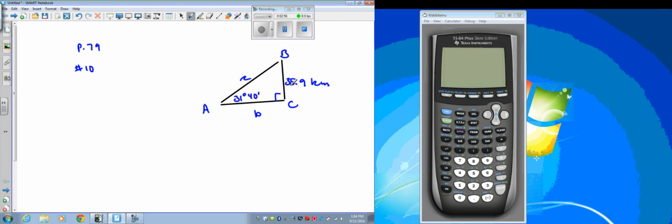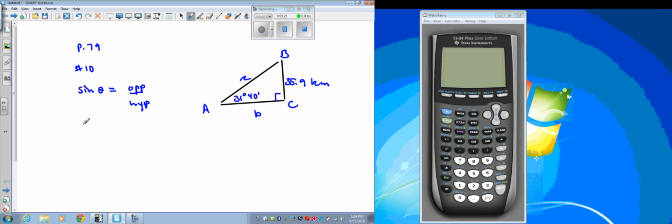So depending on which one we're going to go for first, if we're going to calculate C, then the appropriate trig function would be what? Sine of an angle equals opposite over hypotenuse.